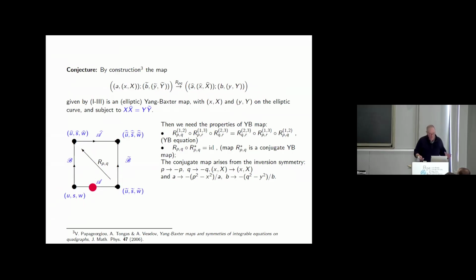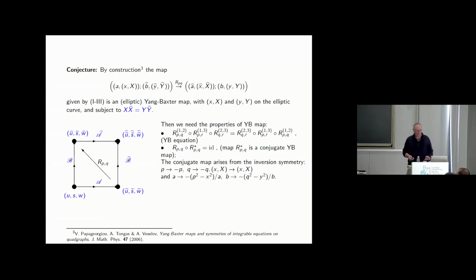So this is the Yang-Baxter move, and that Yang-Baxter move by construction follows the Yang-Baxter map relation. So there are quantum Yang-Baxter relations in the sense of maps, of composition of maps.